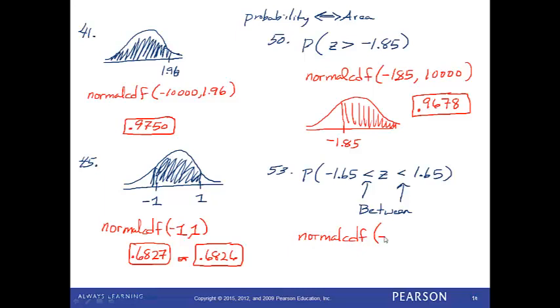The lower is negative 1.65 and the upper is positive 1.65. Type this into our calculators, second VARS, your lower and then your upper. And you should get 0.9011. You can get 0.901 or 0.9011.